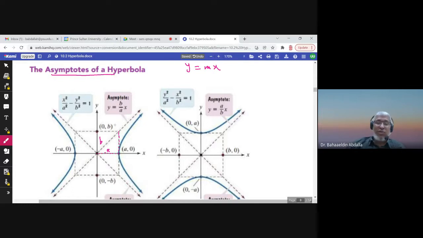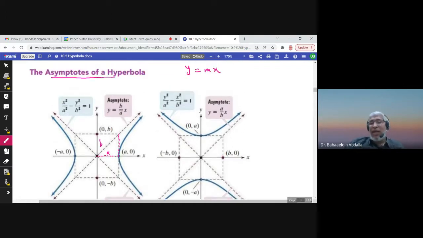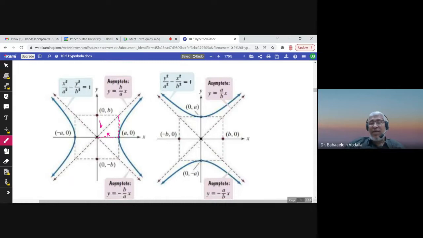So the asymptote for the horizontal hyperbola has the equation y equals b over a x, and the other one y equals negative b over a x. And for the vertical hyperbola, a over b, negative a over b. Because now here, this is a and this is b. The change in y here is a, the change in x is b.